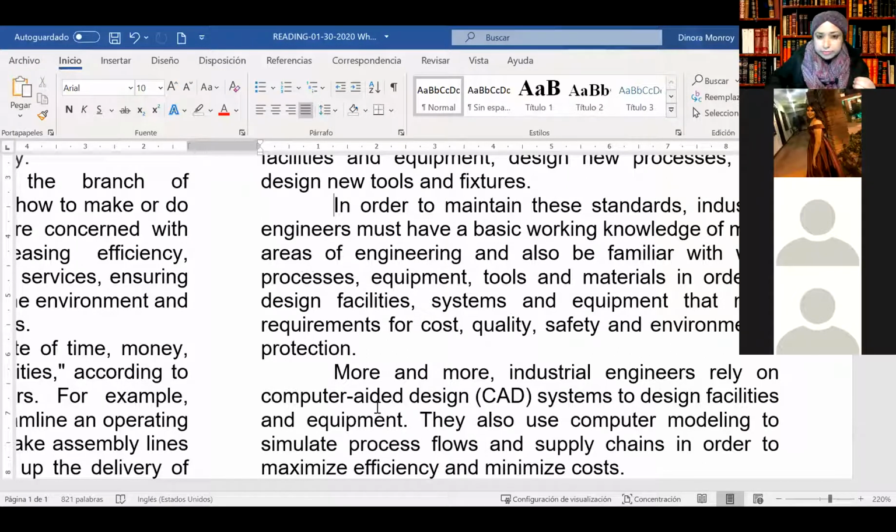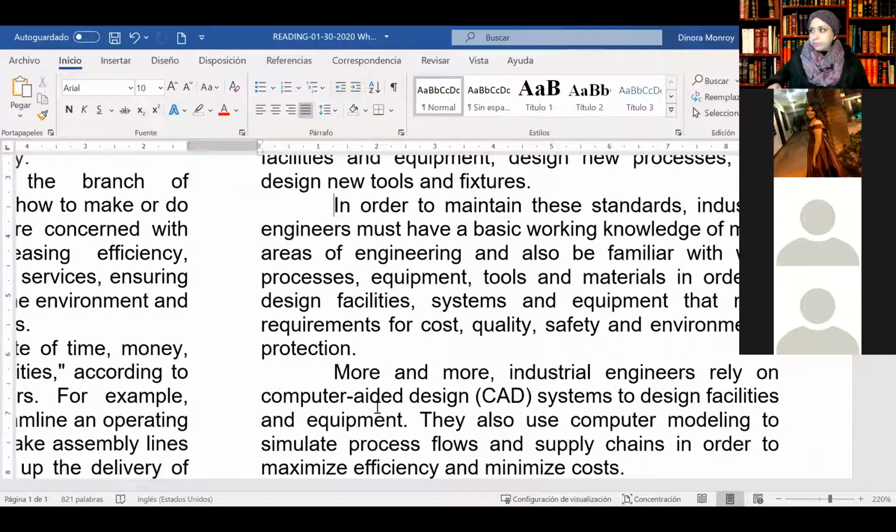Anna. In order to maintain these standards, industrial engineers must have a basic working knowledge of many areas of engineering and also be familiar with work processes, equipment, tools, and materials in order to design facilities, systems, and equipment that meet requirements for cost, quality, safety, and environmental protection.